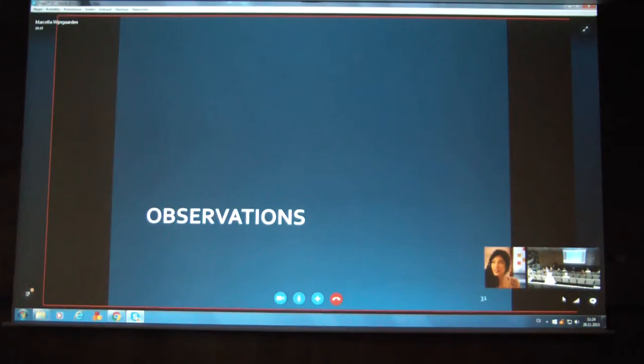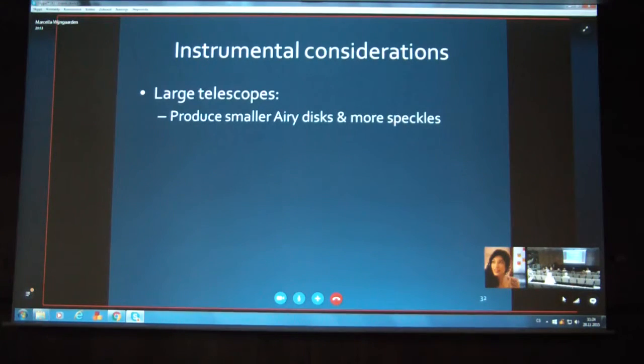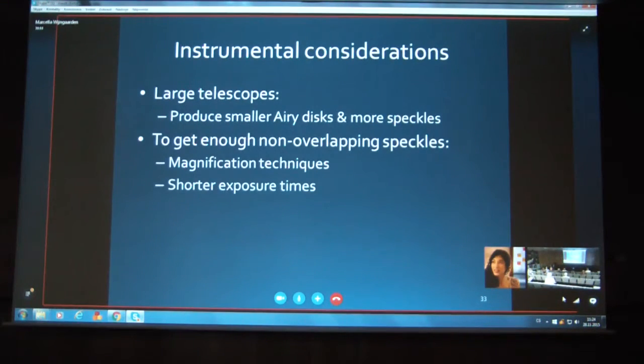Let's talk a bit about how to do these observations. And let's start with some instrumental considerations. So larger telescopes for Speckle Interferometry produce smaller Airy disks and more speckles. But you need enough non-overlapping speckles in order to do the methods we just described.